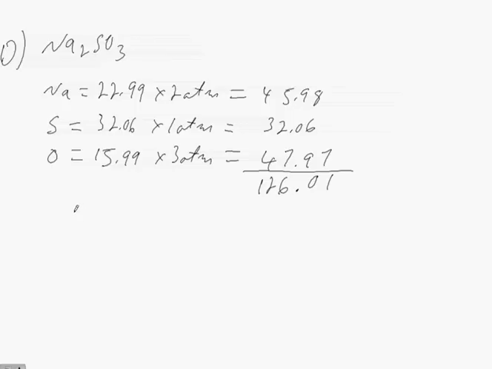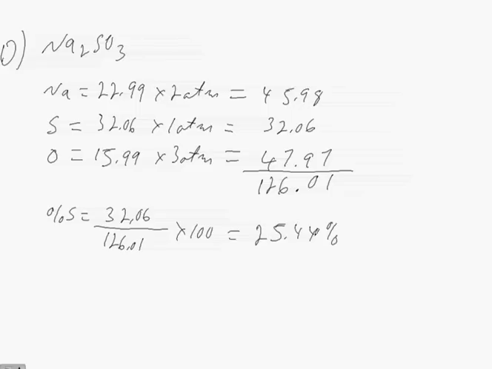And if I want to get my percent sulfur, I will have 32.06 over 126.01 times 100. This would give me 32.06 divided by 126.01 equals 25.44%.